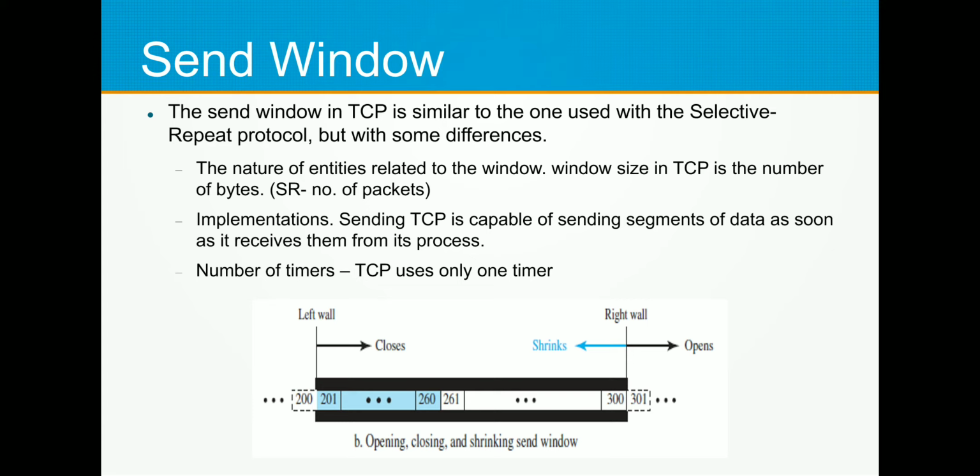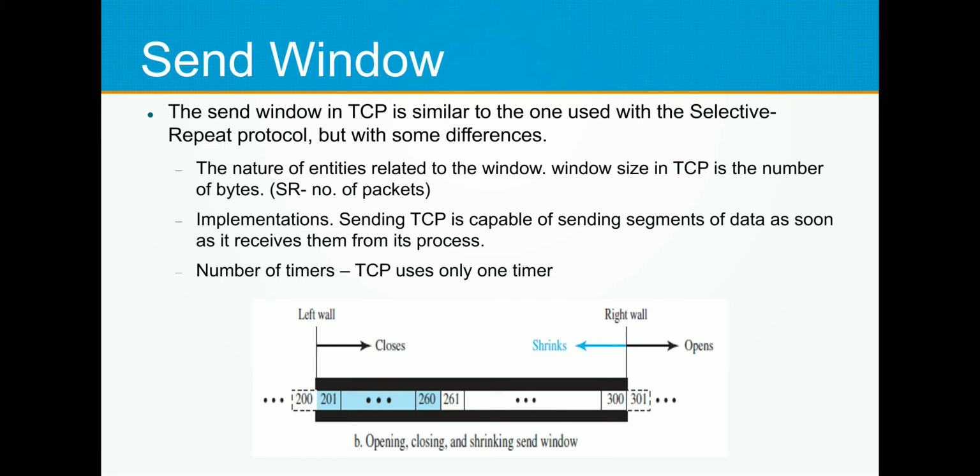Also, another difference is in the way these are implemented. In TCP, the sending TCP is capable of sending segments of data as soon as it receives them from its process. Once an application process at the sender writes some data to the sending TCP, the sending TCP doesn't buffer them, rather it is capable of sending this data as and when it has received it.